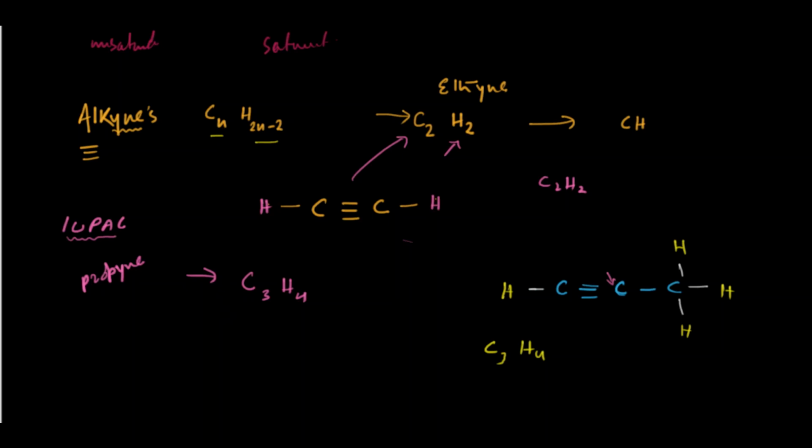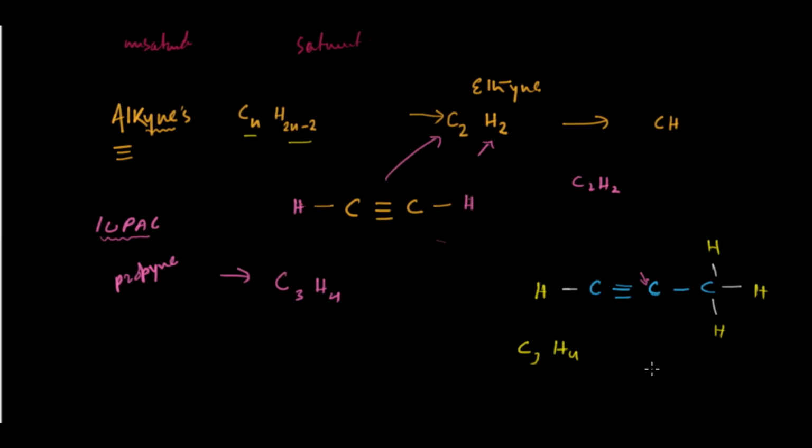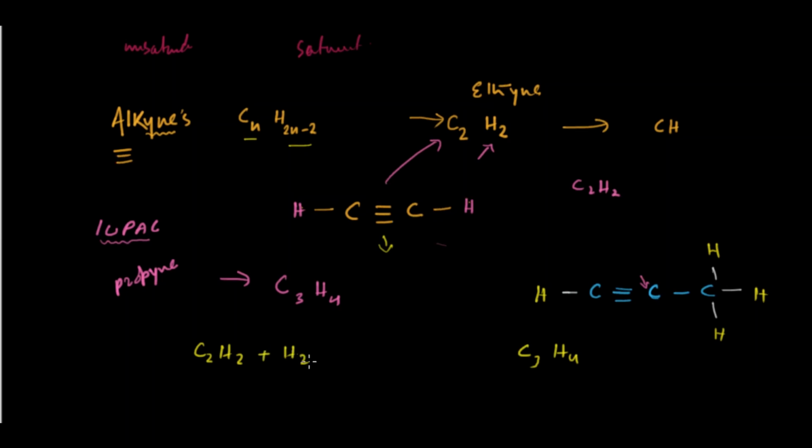Hope you understood alkene, alkyne and alkanes. You have understood why we call them saturated and unsaturated. We can take an example here also: if you react C2H2 with another H2, it is going to be C2H4.